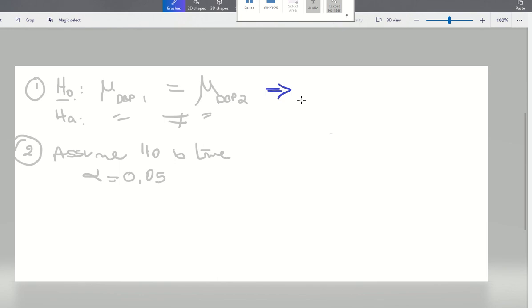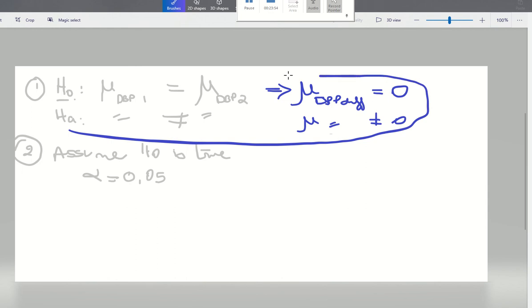Since these are paired, it's the same woman measured twice, I can write that the mu of diastolic blood pressure differences between stage 1 and stage 2 is equal to 0. And the alternative hypothesis is that the mu of differences in diastolic blood pressure is not equal to 0. Okay, these two are exactly equivalent to one another.